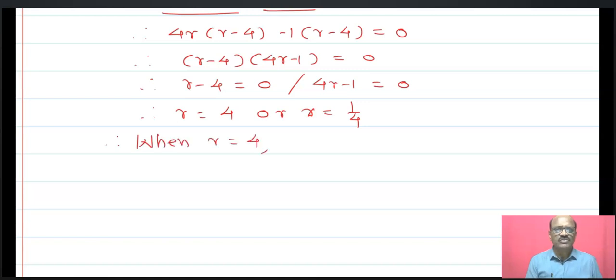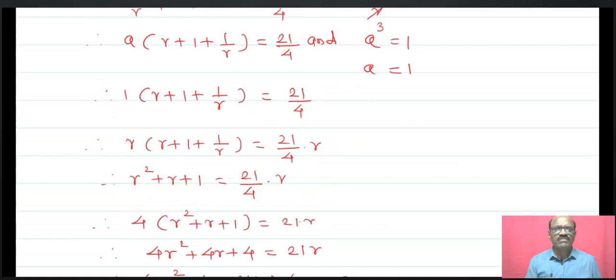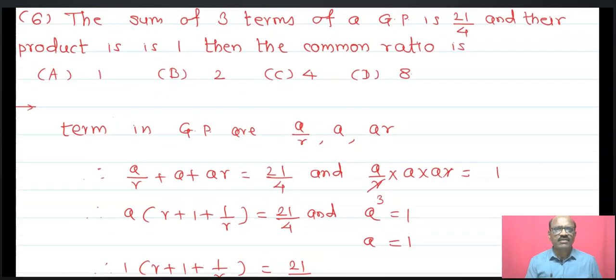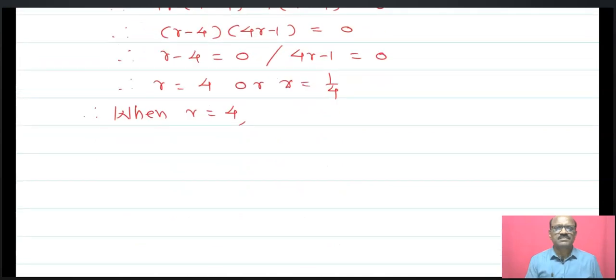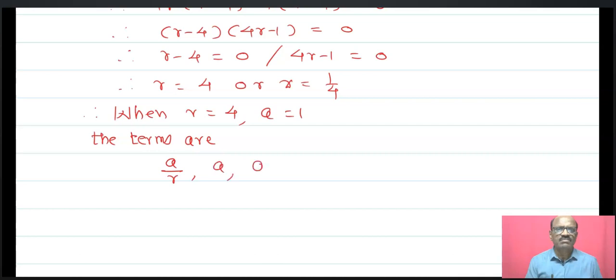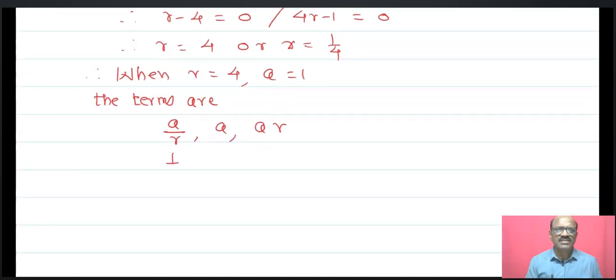When R is equal to 4, then we will find out the value of terms, and A is equal to 1. The terms are like this: A upon R, A and AR.